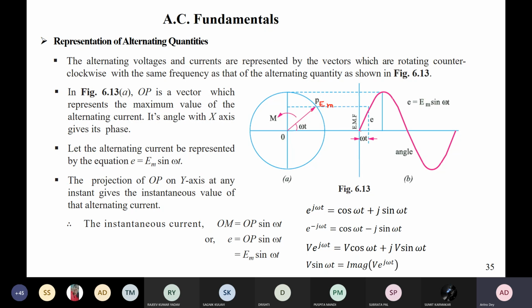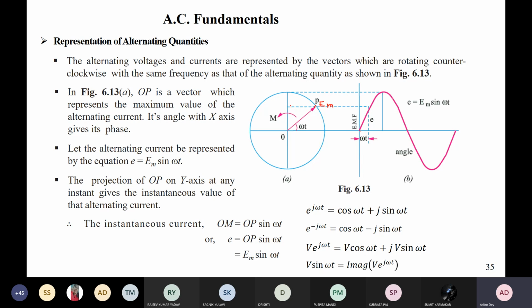We can write this as e power j into that particular angle, and the angle is equal to omega t, so we can write it as EM. With omega t as your theta, we can write this point as EM cos omega t plus j into EM sine omega t.